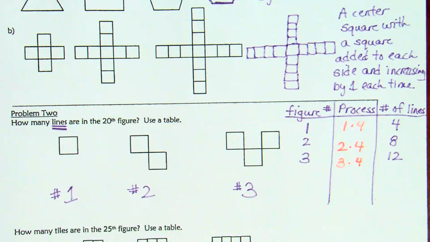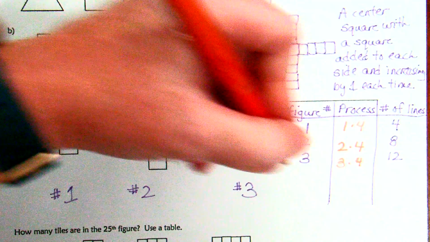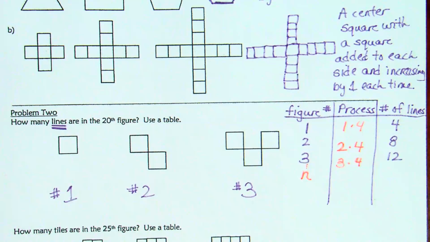So now, before we get to the 20th figure, let me throw something in at you. What if, because obviously this pattern keeps going on and on, right? So thinking dot, dot, dot. What if I ask you about the nth figure? How many lines are in the nth figure?